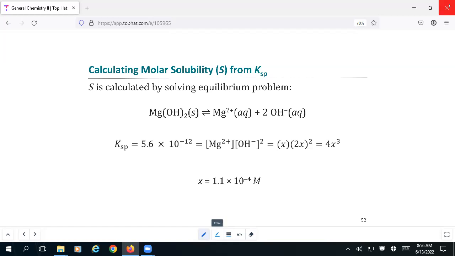Now, as far as problems are concerned, in terms of what kinds of calculations you could be asked to do with this, they really fall into two different categories. One of the categories is determining the molar solubility S from the Ksp.